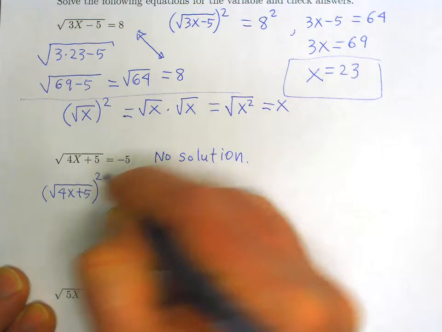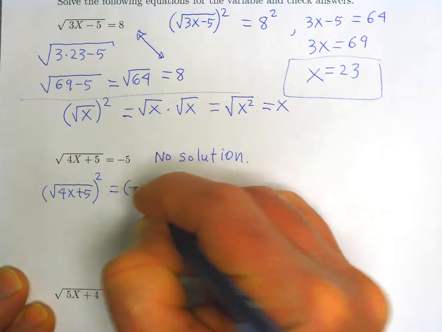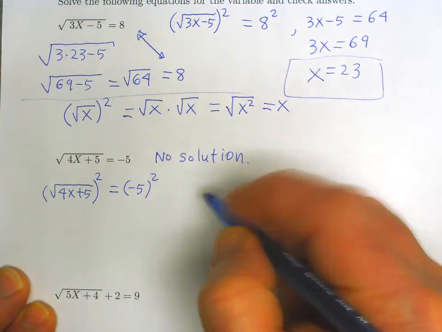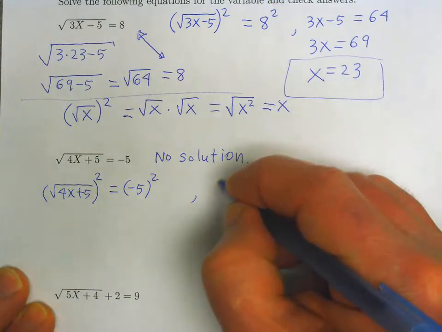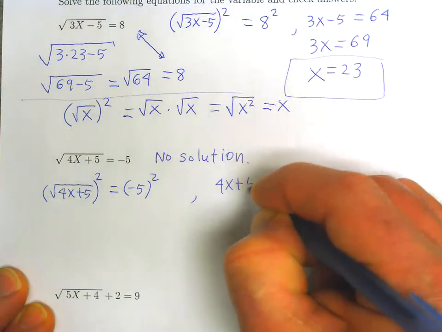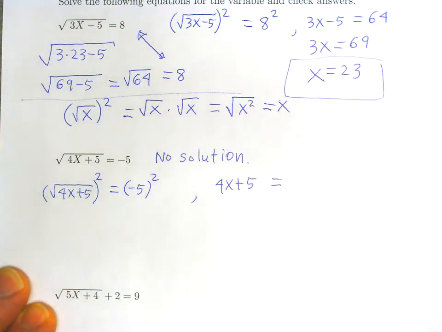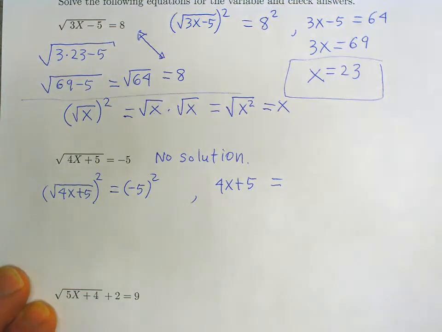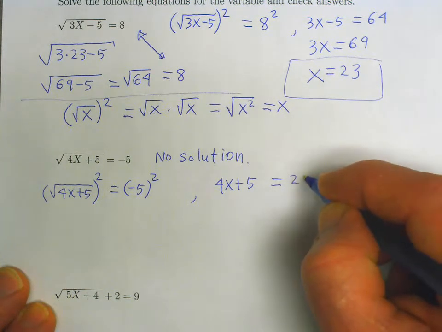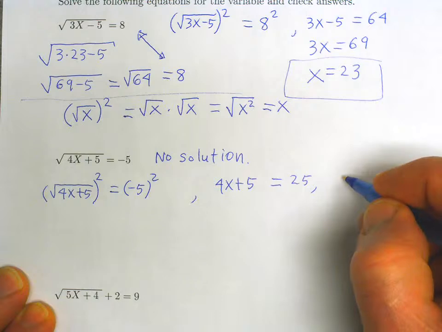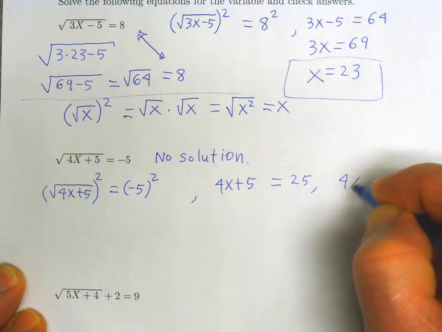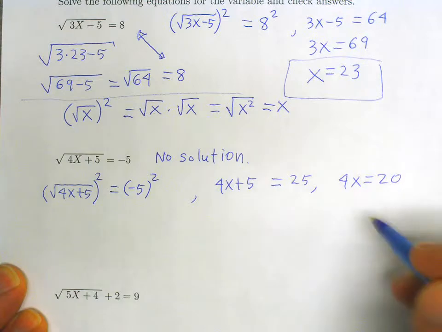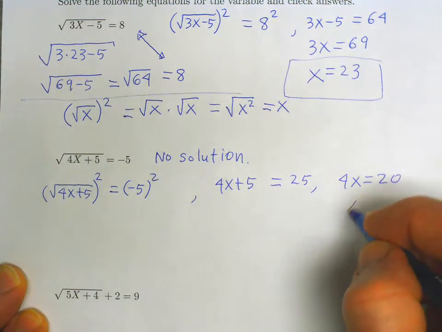If we square the left-hand side and square the right-hand side, when we square the square root of 4x plus 5, we get 4x plus 5. On the right-hand side, when we square negative 5, we get positive 25. Then we solve this equation, subtract 5 from both sides, 4x equals 20. Then divide both sides by 4, we get x equals 5.